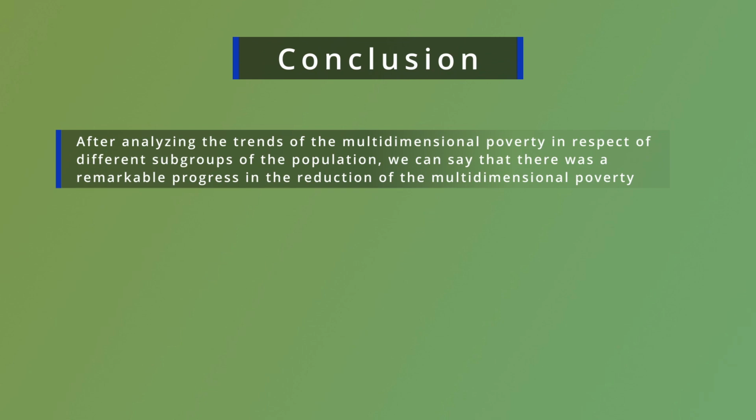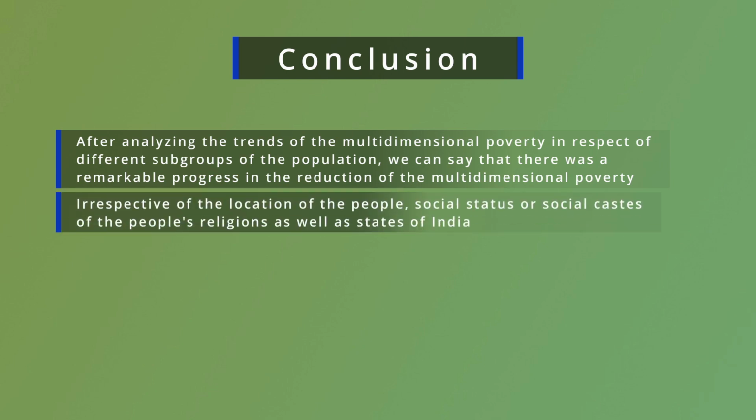After analyzing the trends of the multidimensional poverty in respect of different subgroups of the population, we can say that there was a remarkable progress in the reduction of the multidimensional poverty irrespective of the location of the people, social status or social caste of the people, religions as well as states of India.